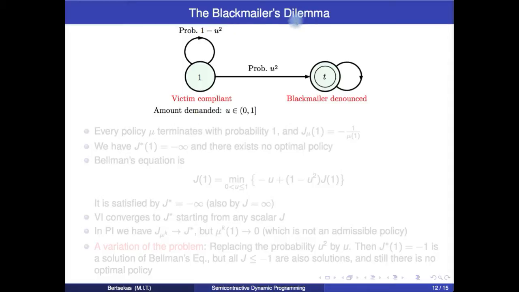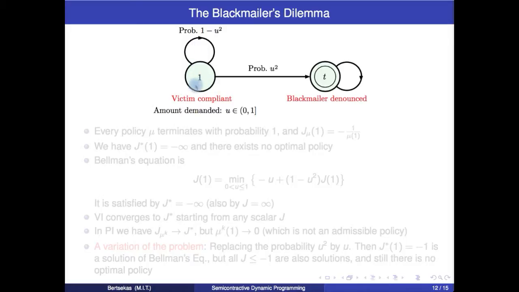Okay, our next example deals with the so-called blackmailer's dilemma, which is a stochastic shortest path problem involving a single state 1 plus the termination state t. This problem models the behavior of a blackmailer who at each time period demands a certain amount u, that's between 0 and 1, it has to be positive, and the victim will refuse to pay with probability u squared, and will pay with the complementary probability of 1 minus u squared.